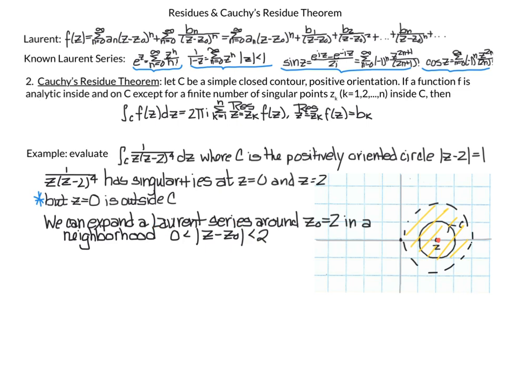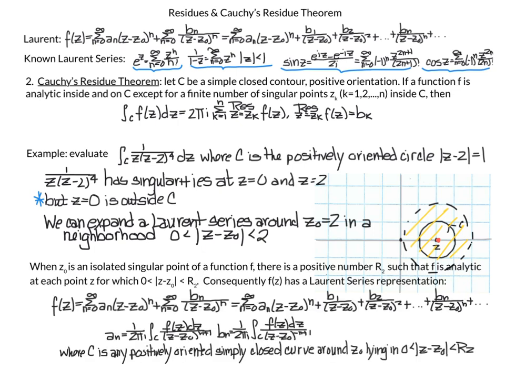And just looking at what I've just written, and comparing it to the Laurent series expansion definition, we're saying when z naught is an isolated singular point, in this case z naught is equal to 2, then there's a positive number R2, and in this case my R2 is equal to 2, my radius of 2, such that f is analytic at each point z for which the distance between z and z naught is greater than 0 and less than R2.